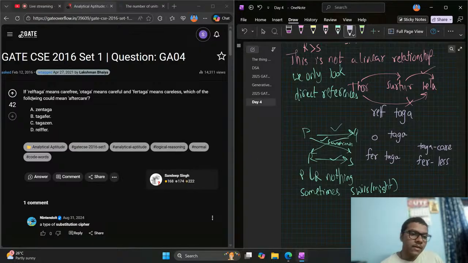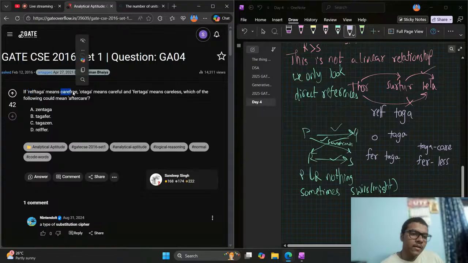Tagazen. Is it semantically correct? Ralph Taga, carefree. Otaga, careful. Okay, Taga is in the second part. That is implying first part. So care is second part. That means it should be in first part. Taga.